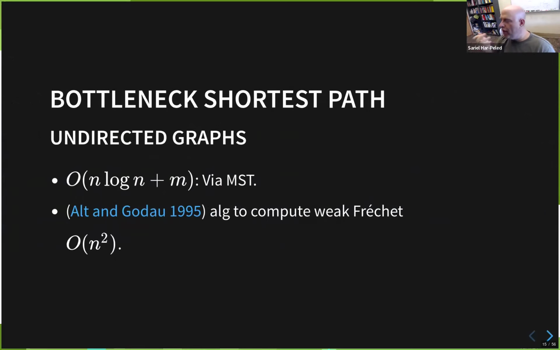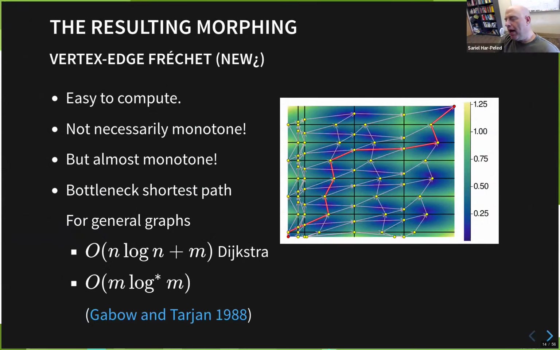This gave them the weak Fréchet distance. Now, for the undirected graph, the bottleneck shortest path can be easily computed by computing the MST. And then for any two vertices in the graph, the bottleneck shortest path is just the unique path in the MST. So you readily get a quadratic time algorithm. So really what we are doing here is the same algorithm, except that we are using this directed graph.